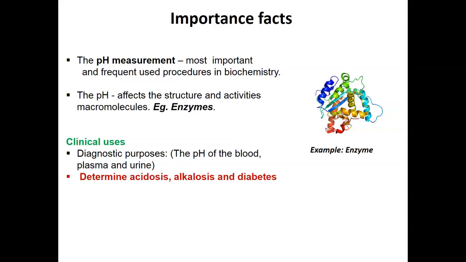For instance, when the protein is in the blood, the optimal condition is pH 7.4, right? But if the protein is in your stomach, 7.4 is not going to be the optimum pH. Exactly. So pH can change depending on the area where the protein normally functions.